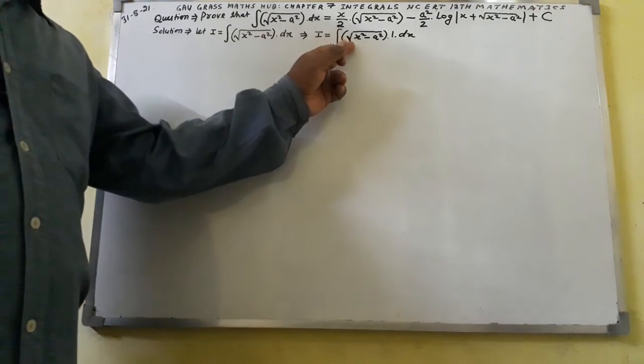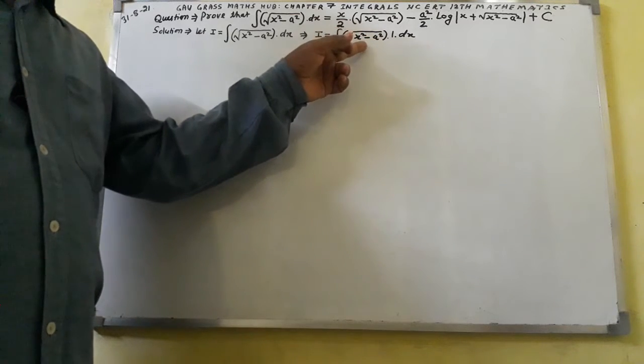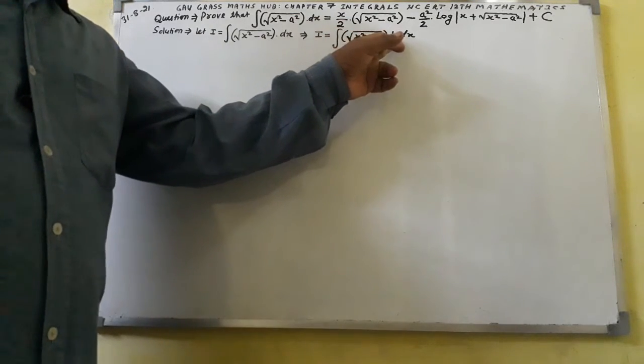Here I shall use the integration by parts method. Root of (x square minus a square) I shall take as the first function, and 1 as the second function.